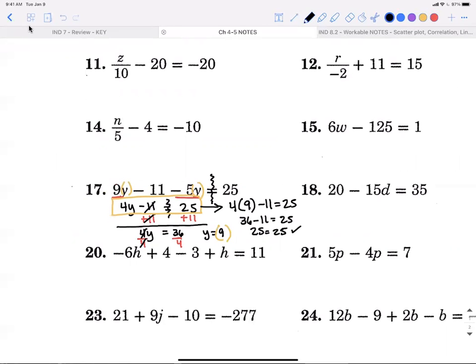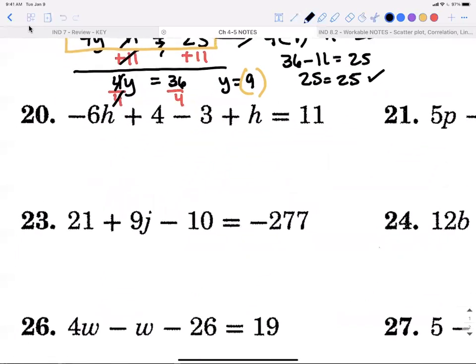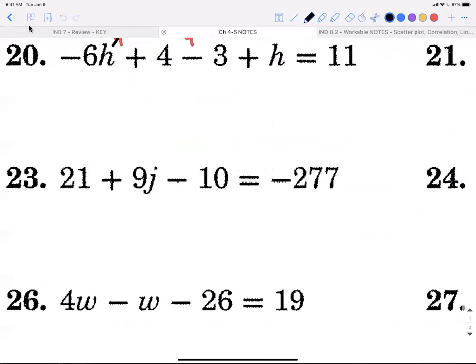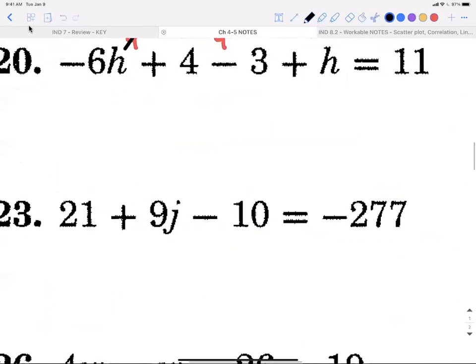Okay, so we are going to do number 20 as an example, and then we will be done. Number 20, the one at the top.